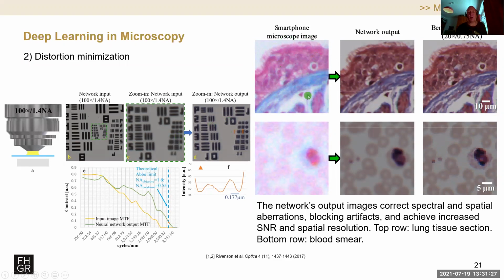So we could use a smartphone as a camera, with a consumer grade camera, and feed that into the network and get some results which resemble the benchtop microscope. Right? Meaning that potentially, if your image acquisition device has the potential to perform well, then we can improve the results. Even if there is cheap optics involved, we can correct the results. If there is a cheap sensor involved, we can correct the results and come up with a high quality image.